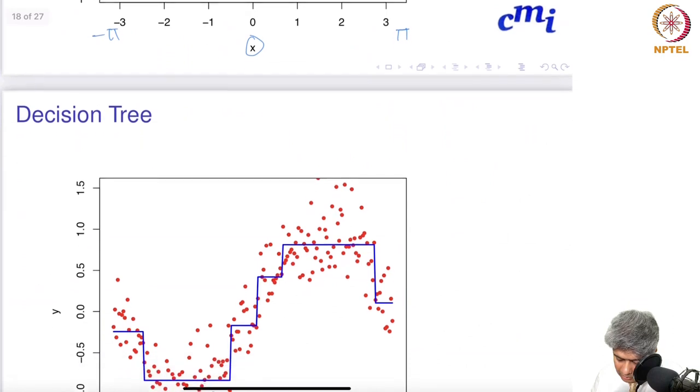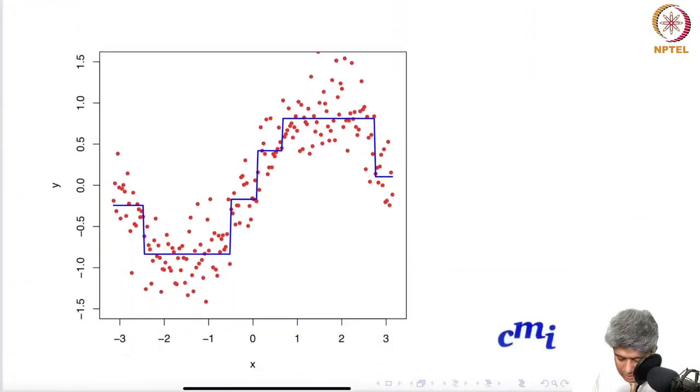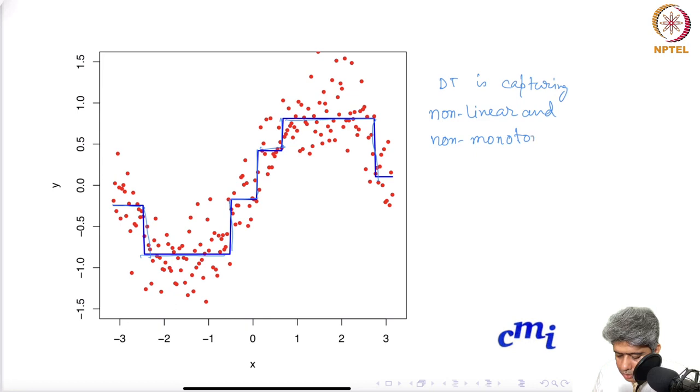If you apply a decision tree, it effectively and nicely captures the relationship. So the decision tree is capturing non-linear and non-monotonic relationships.